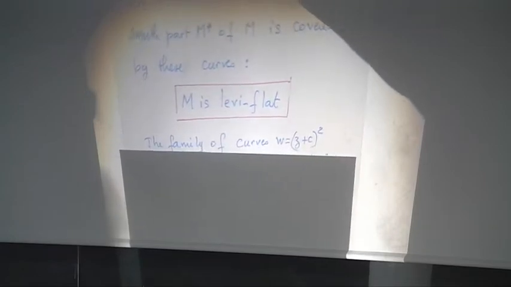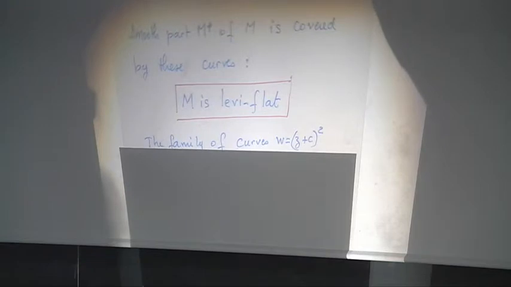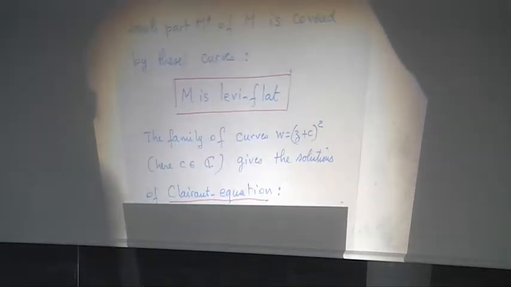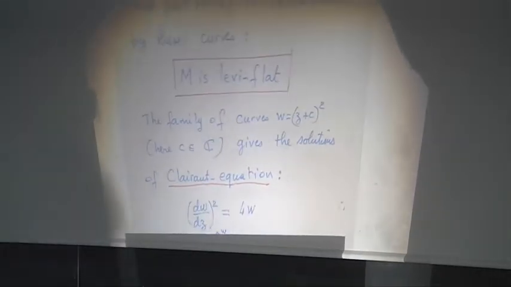And as a consequence, this object is Lévy flat. It's Lévy flat, and if you consider the family of curves, the family of parabolas in C2, they are the solutions of the so-called Clairaut equation. And this family of curves doesn't give a foliation.